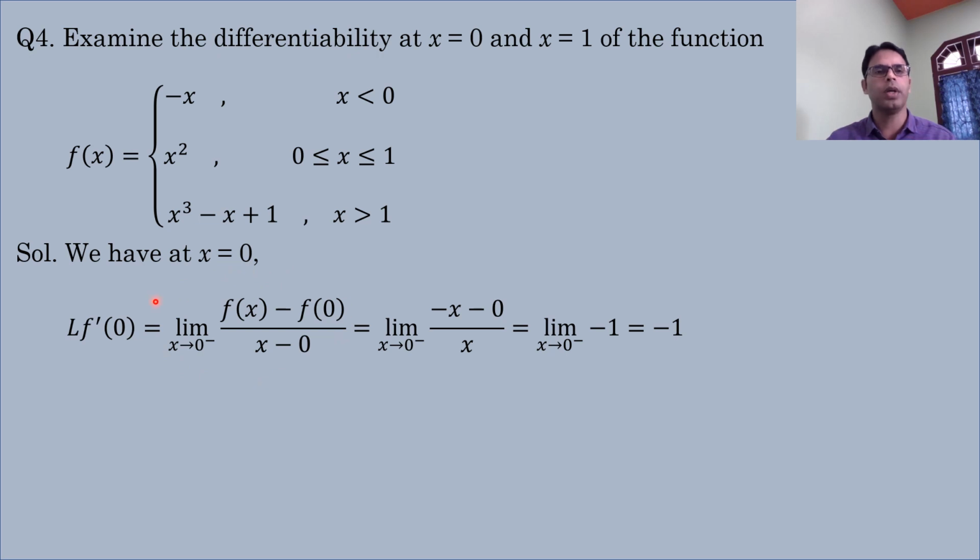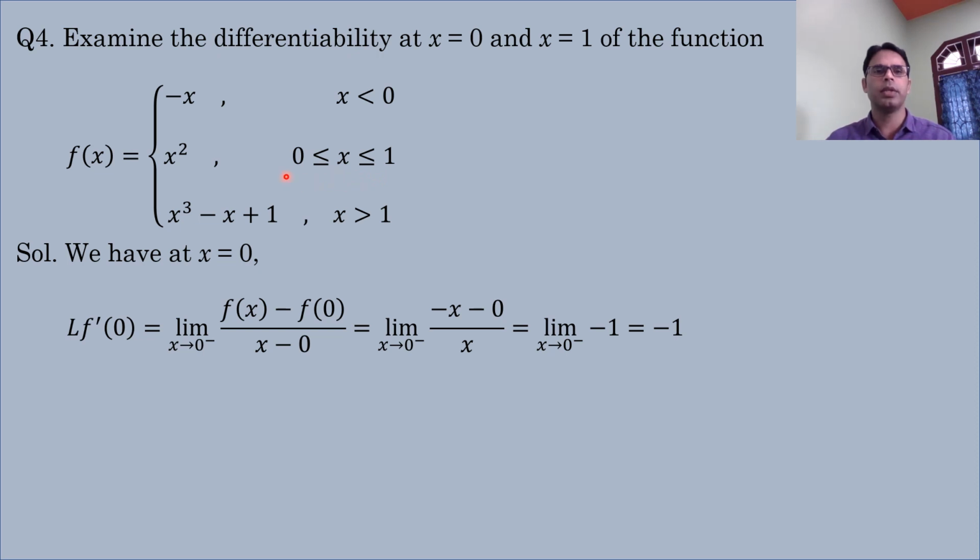You already know this. So x tending to 0 minus is for the left hand limit, and (f(x) minus f(a)) divided by (x minus a), but here the point is 0, so f(0) divided by x minus 0. That is equal to the limit as x tends to 0 minus, meaning x less than 0, so f(x) is equal to minus x here, and f(0) means x equal to 0, which is directly 0.